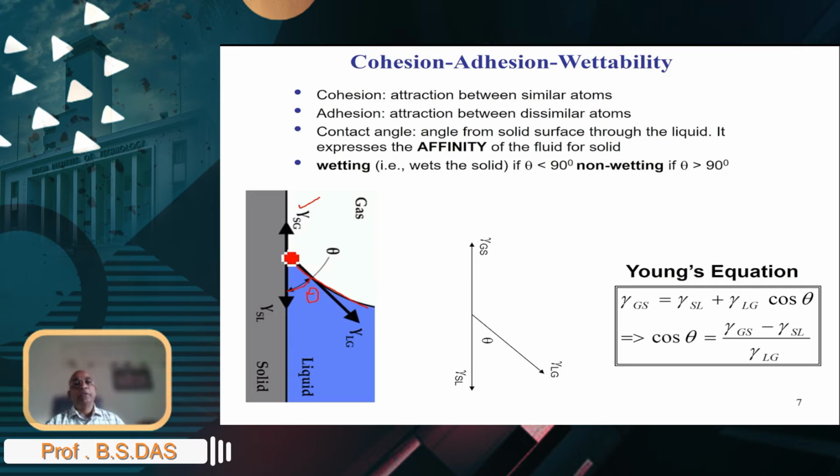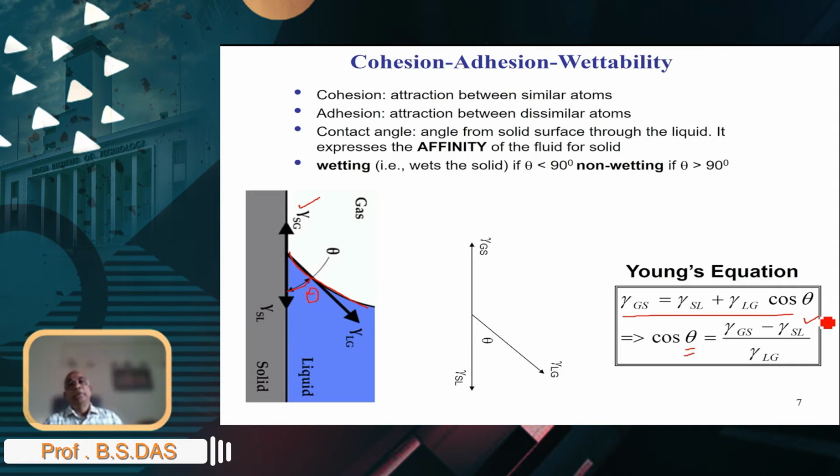From the resolution of these three forces at the interface, one can derive, at equilibrium, a relationship among these interfacial energies, and that allows us to write the cosine of the contact angle in terms of these three interfacial tensions: gas-solid minus solid-liquid, divided by liquid-gas, is the cosine of the contact angle theta.